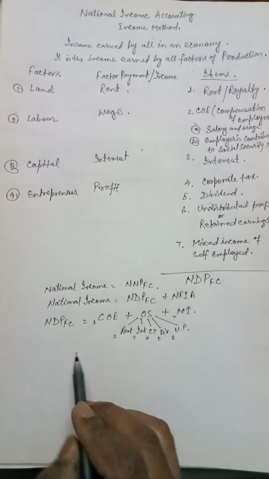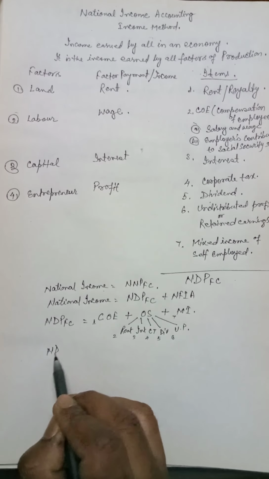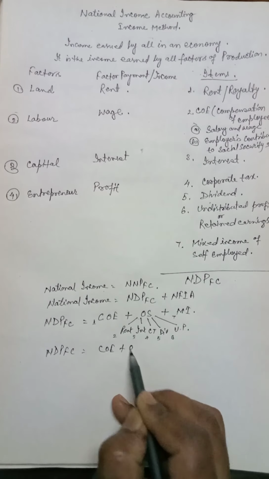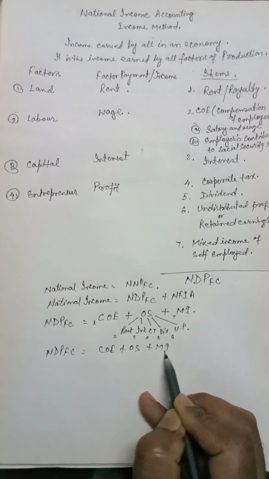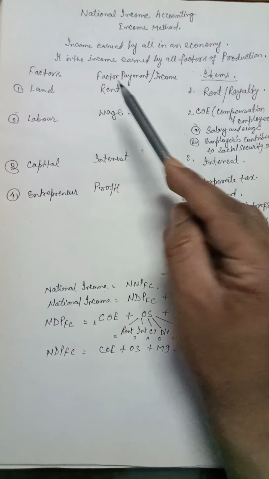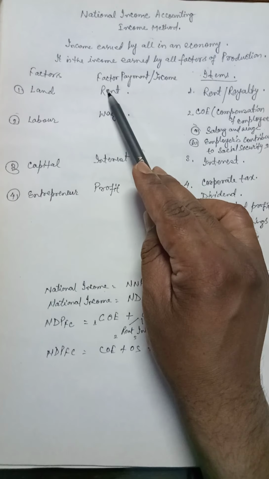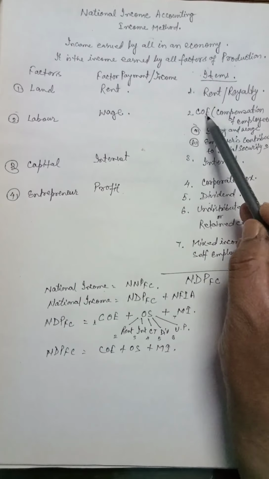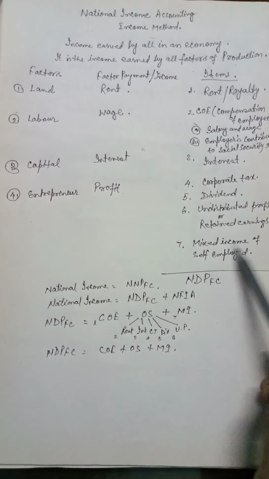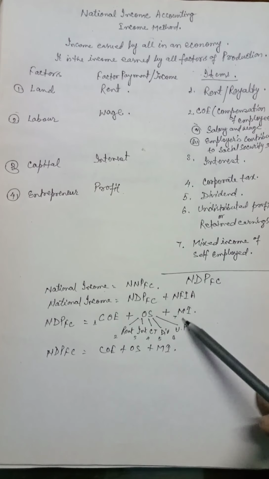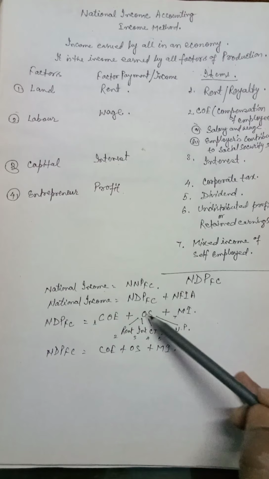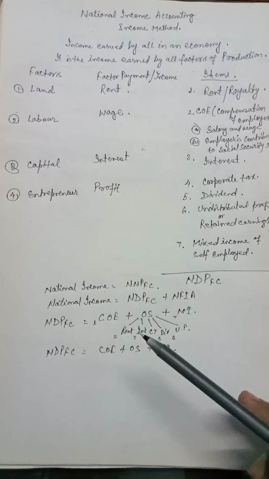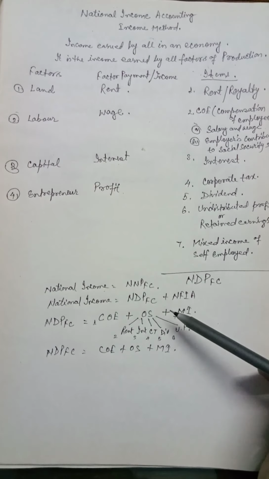So this is the shorter formula: NDPFC is COE plus OS plus MI, and OS includes rent, interest, and profit, meaning COE and MI, mixed income of self-employed, are excluded from here, and the rest all will be clubbed as operating surplus.